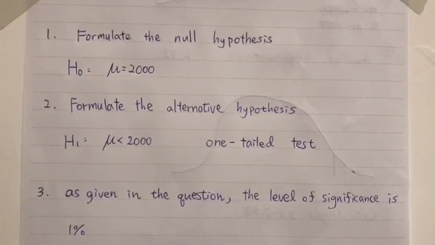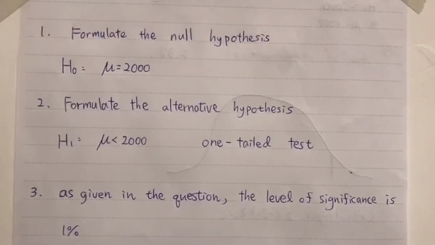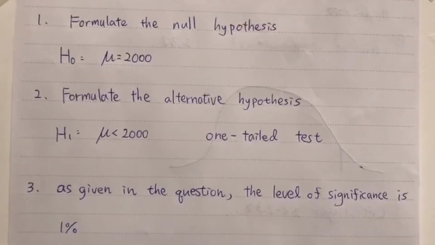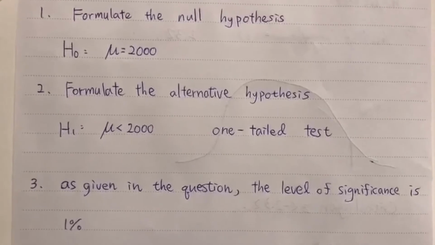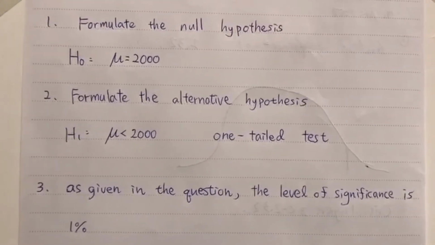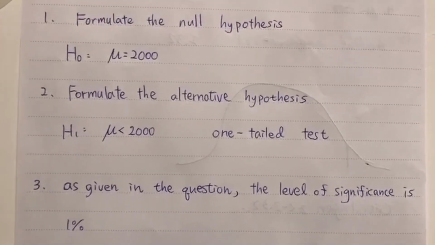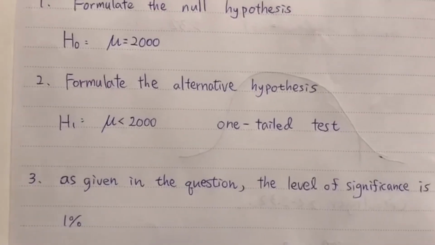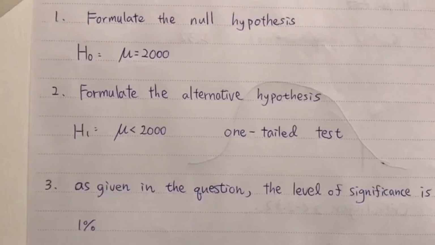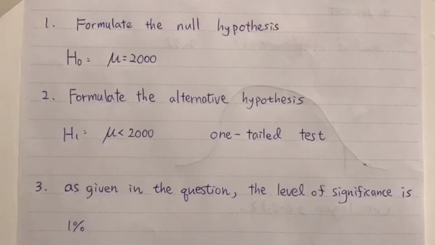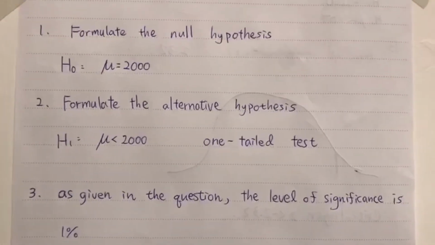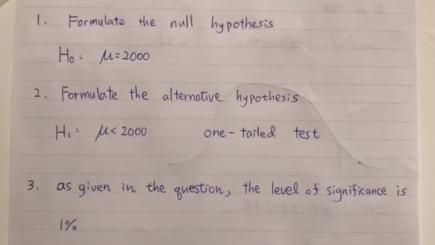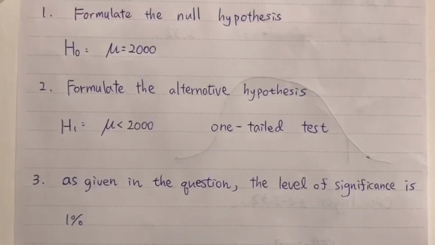To solve this question, firstly we have to formulate the null hypothesis, since the null hypothesis is currently an accepted fact, which is mean equals 2,000. Secondly, we have to formulate the alternative hypothesis, which is mean is smaller than 2,000.